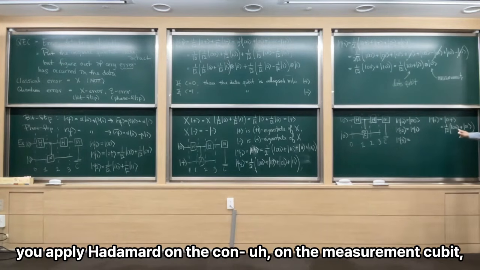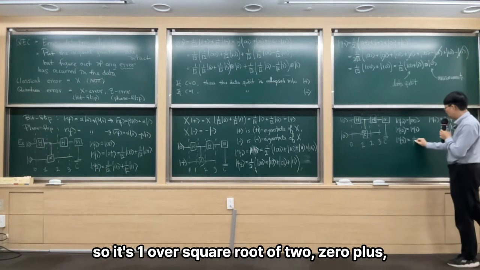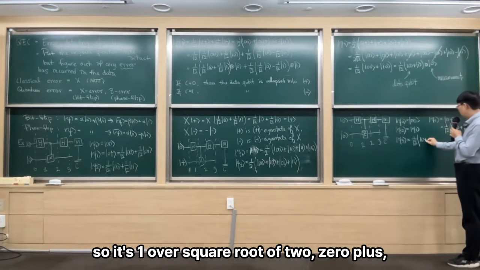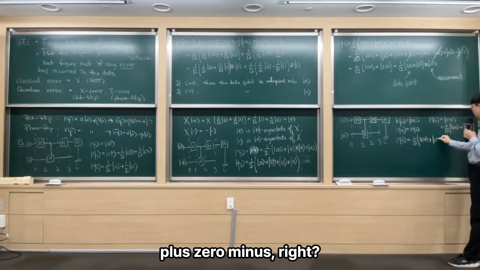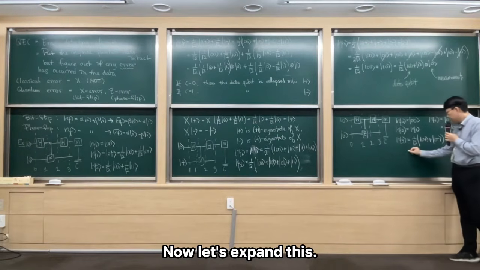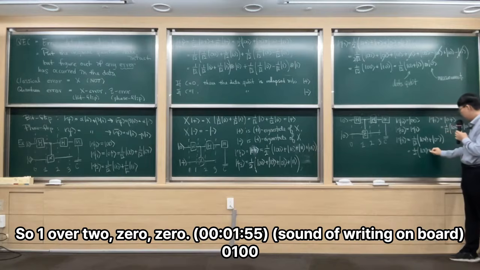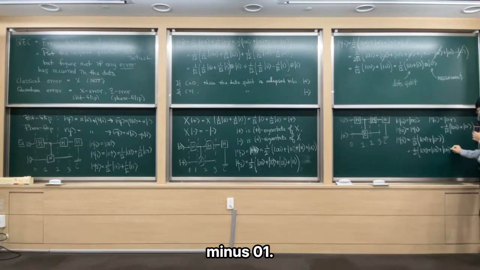And then what is psi 3? You apply Hadamard on the measurement qubit, 0 and 1 here. So it's 1 over square root of 2, 0 plus, plus 0 minus. Now let's expand this. So 1 over 2, 0, 0, 0, 1, 0, 0, minus 0, 1.